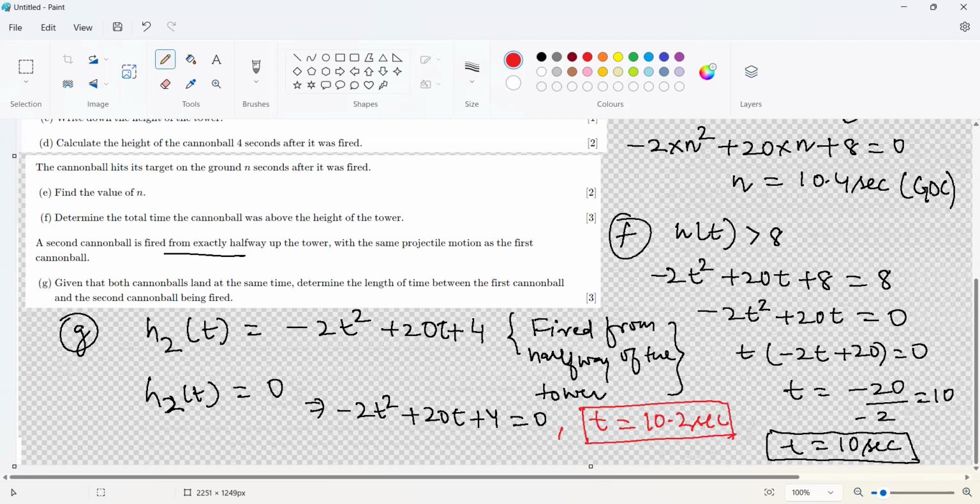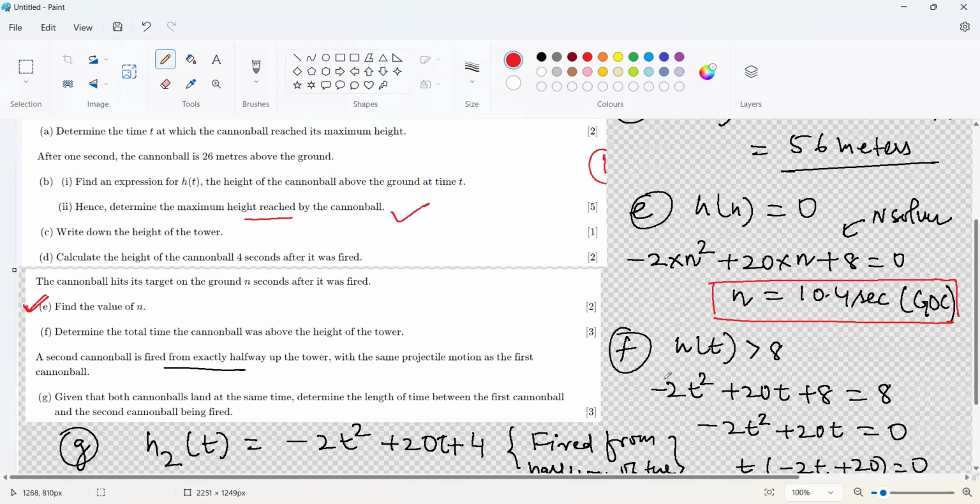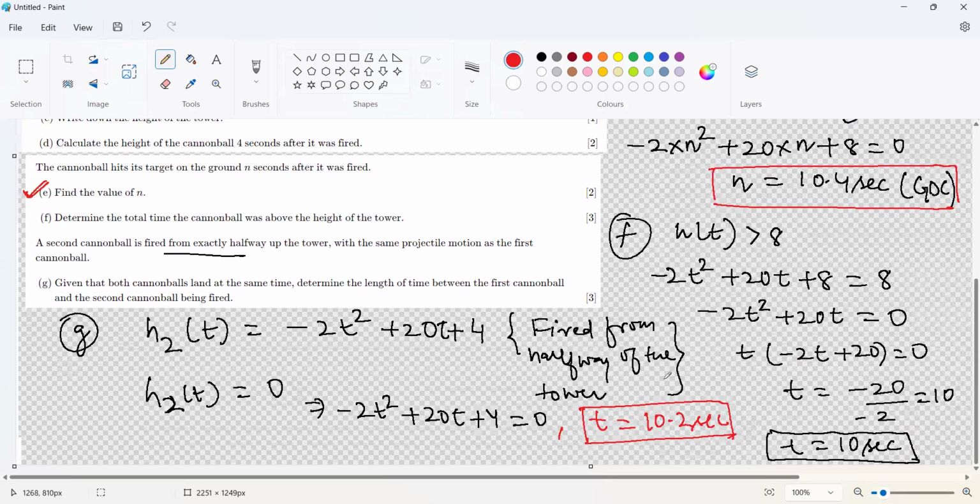And if you remember how much time the first cannonball took to hit the ground, question number E, it was 10.4 seconds. The first cannonball takes 10.4 seconds to hit the ground, and the second cannonball takes 10.2 seconds to hit the ground.